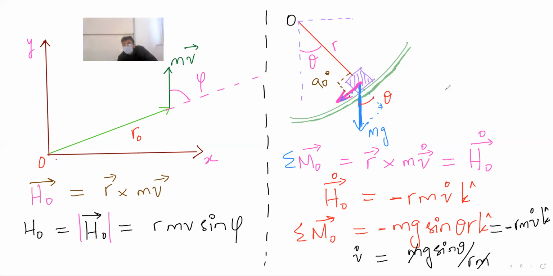So you can write here that at is equal to d by dt of v. You need to differentiate between this d over dt and the little o that is sitting for about origin. This is dot.